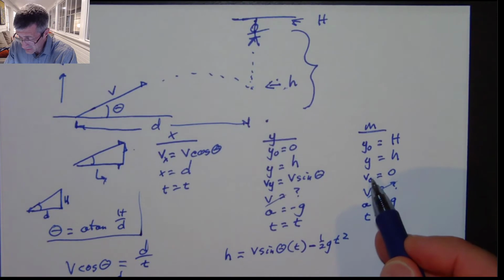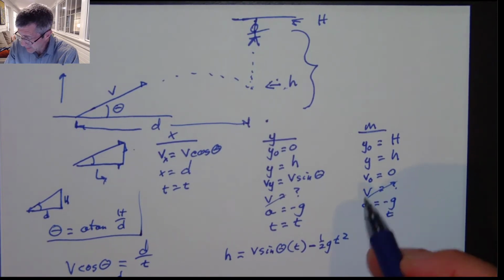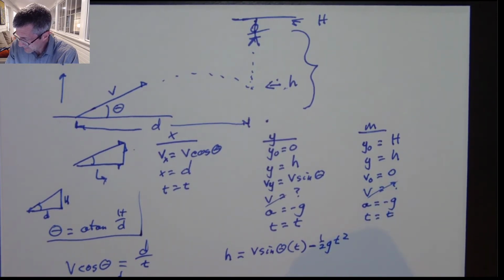My initial velocity is 0, so that's fine. And I'm going to add in the 1/2 at squared. Again, I'm going to have the same negative 1/2 a, which is g, and t squared.